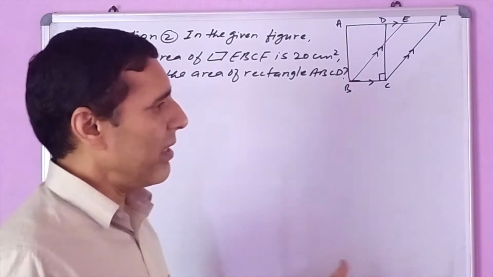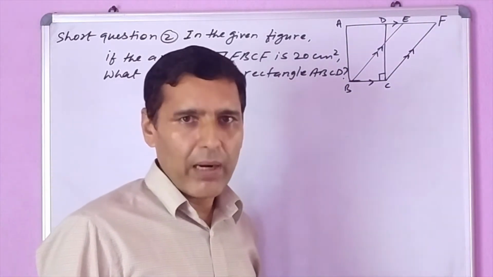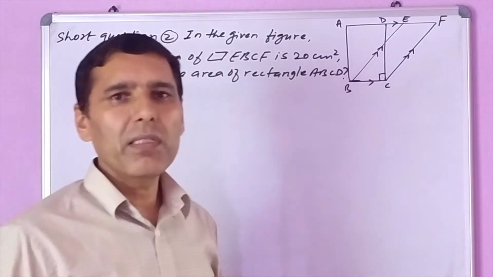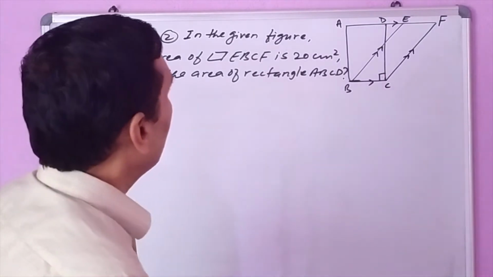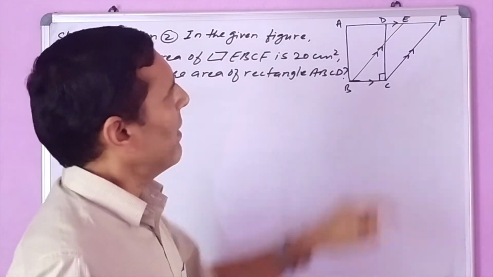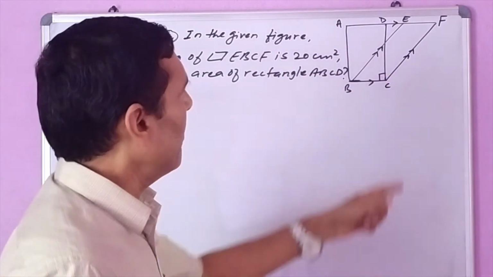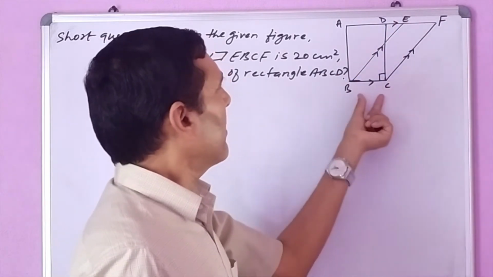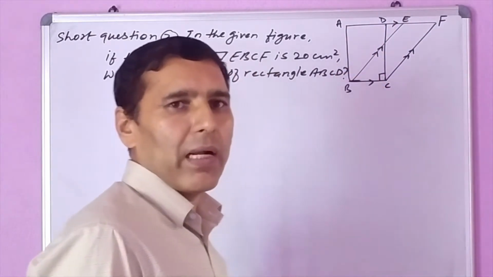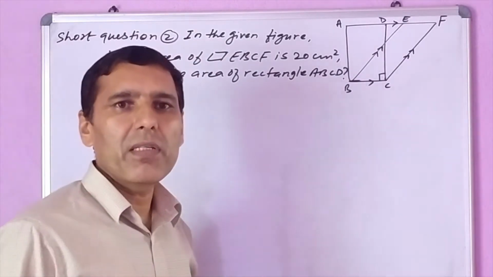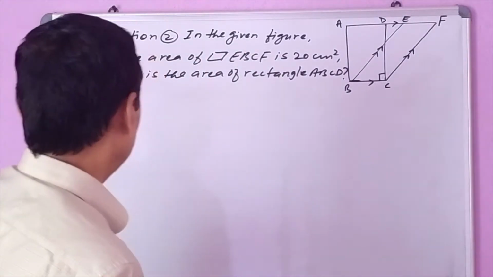If a square is given, a square is also a parallelogram, and even a rhombus is also a parallelogram. Therefore, area of rectangle ABCD is equal to the area of the parallelogram EBCF, because a rectangle is a parallelogram and parallelograms on the same base and between the same parallel lines are equal in area.